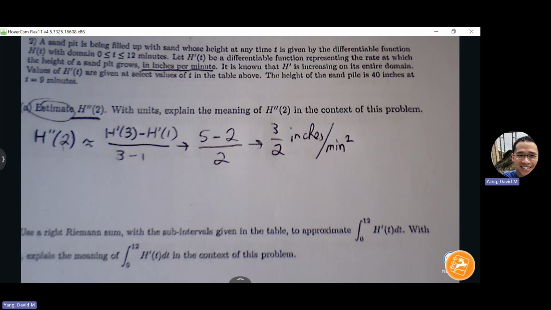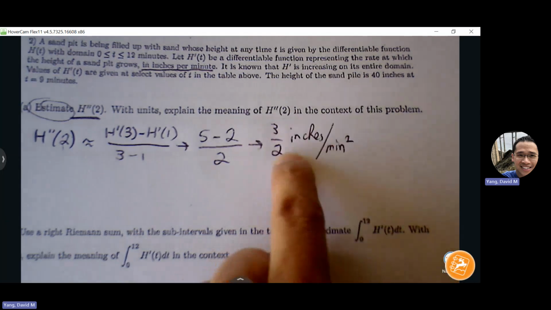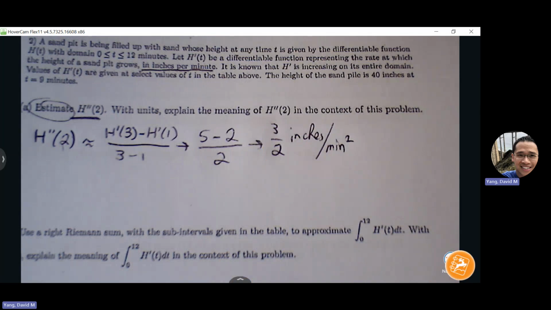We want to indicate that there's a rate of a rate going on, but we don't want to quite use the words rate of a rate. That's not as clear as graders would like to see. And we don't want to use words that are out of context, like acceleration. Acceleration is good for particle motion, but it doesn't quite fit what's going on here. So we want to say either rate is changing, or rate is increasing, or rate is decreasing. In this case, it's increasing because we see that positive 3/2 inches per minute squared.